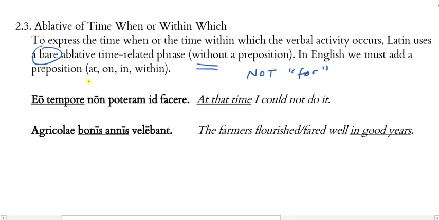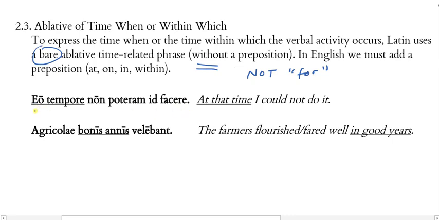Okay? So these ablative expressions for time indicate the time when something happens, not how long, but the location in time when it happens, or the time within which it happens. So, example here, eo tempore non poteram id facere.